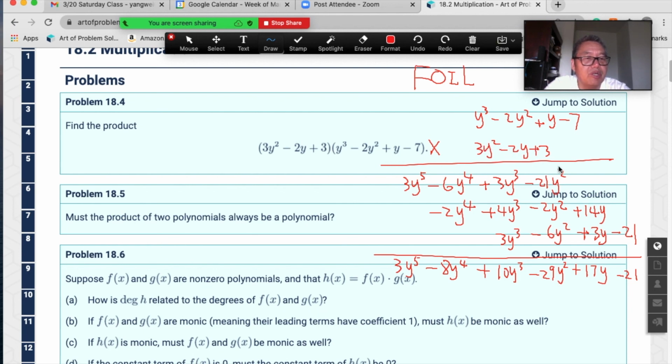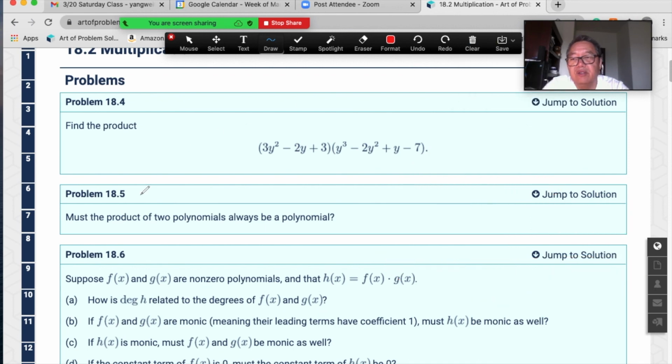This one will be a little bit easier. Then write the like terms in the same column, so it's easy for you to merge later. Then write all the terms from the highest degree to the lowest degree. Then you get the answer for this one.